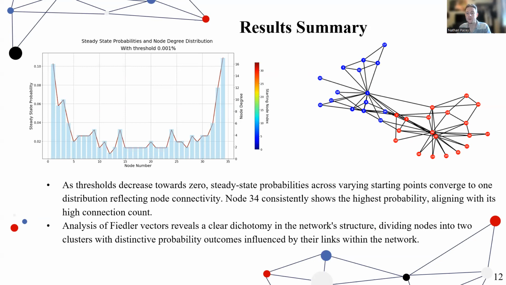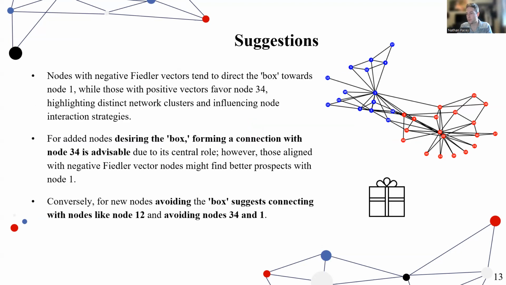But it also impacted the steady state solution with the threshold going to 0, as we saw that negative nodes still had a much higher probability of giving the box to node 1, while positive nodes had less. And conversely for node 34.